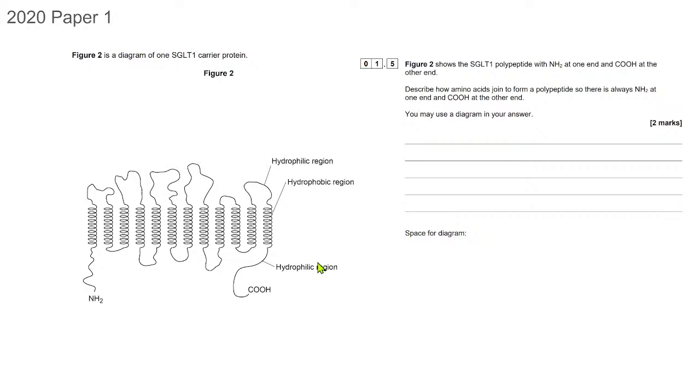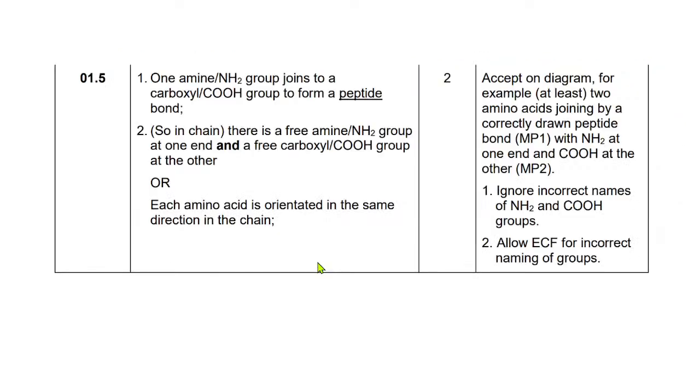So on the side of the carboxylic acid reacting, the NH2 group's going to remain there, and on the side with the amino group reacting, the acid group's going to stay there. Let's have a look at the answers. So form that peptide bond, make sure you mention that, and so then you have the 3 groups on each side.